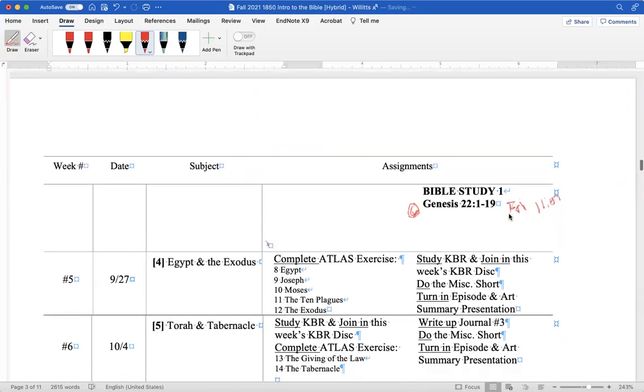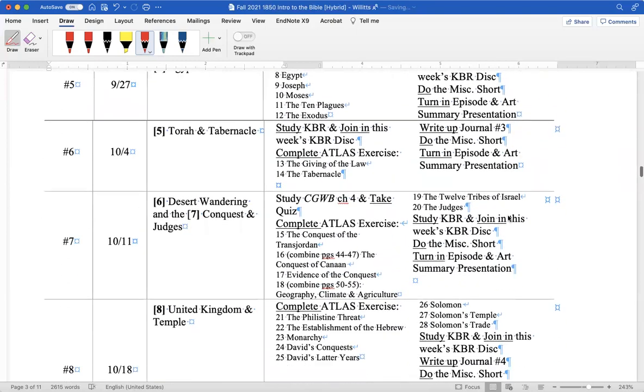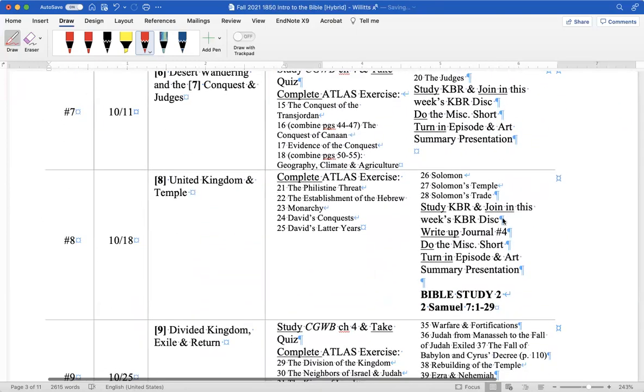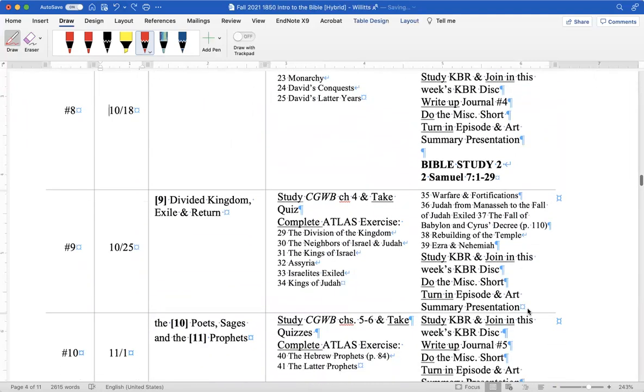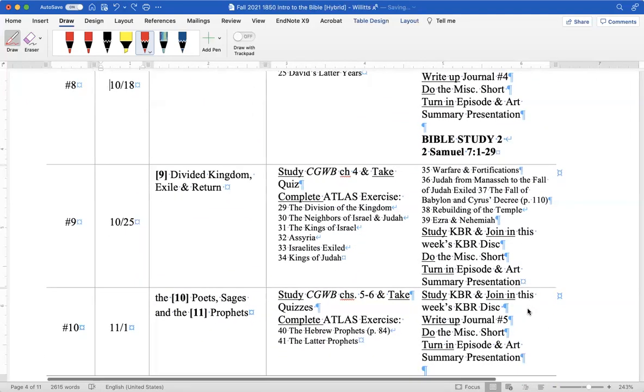Just if we scroll down, then we can see the rest. The next Bible study is due on the week of the 18th, not the 18th actually, but the Friday. And that's going to be over 2 Samuel 7. And you can see that really things don't change much.